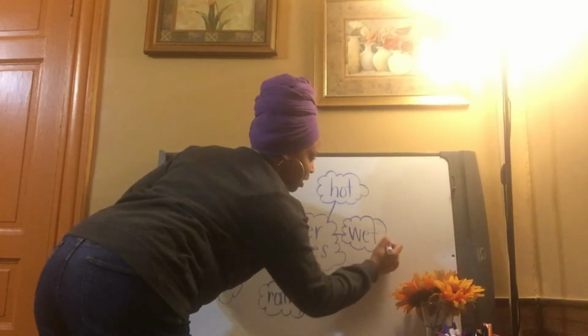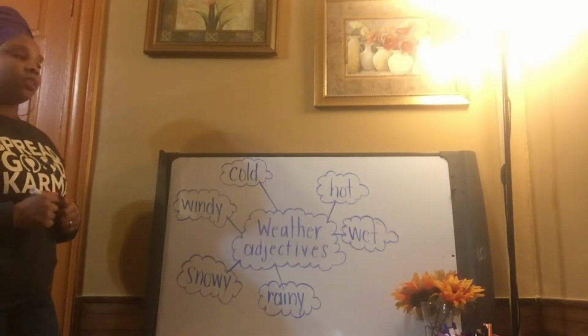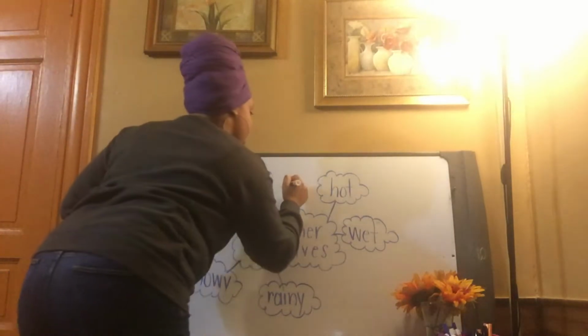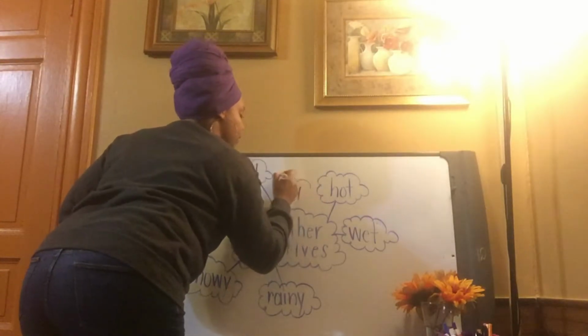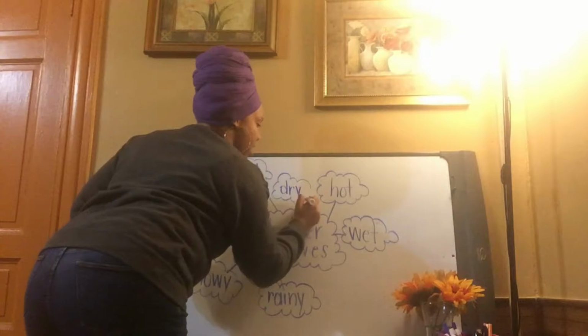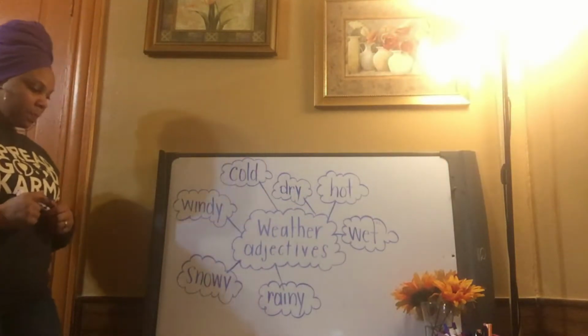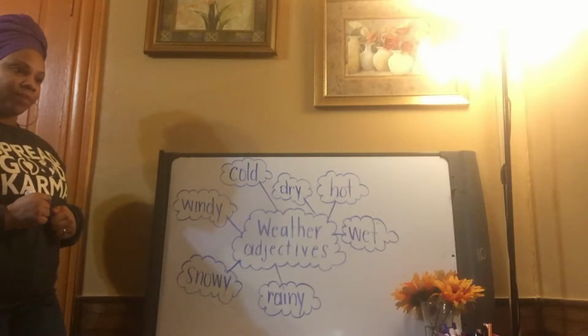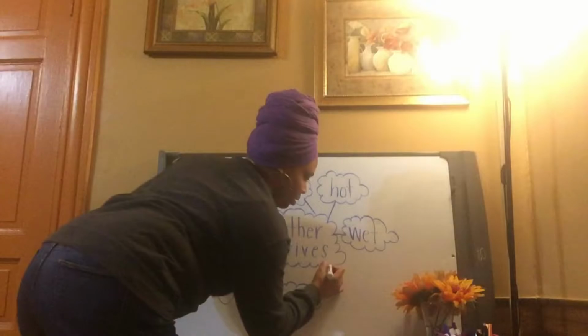What's the opposite of wet, Congo Nation? Dry, good job. Dry is another way to describe the weather. All right, let's add one more to our web chart. Okay, along the lines of windy, we can add breezy.